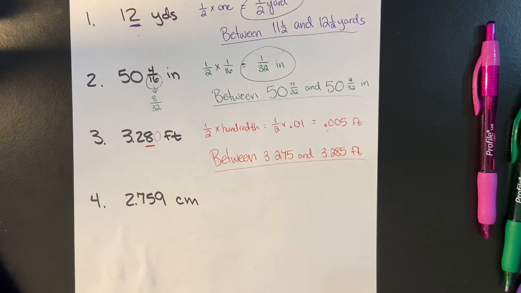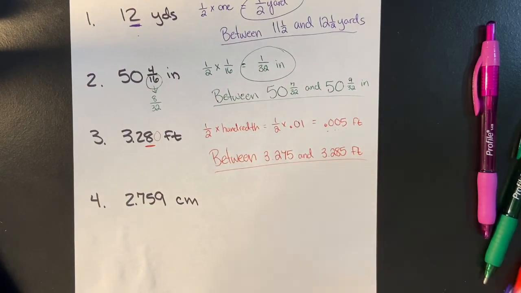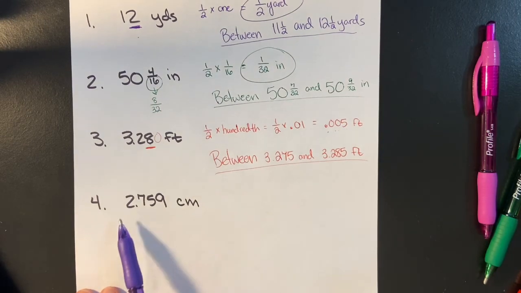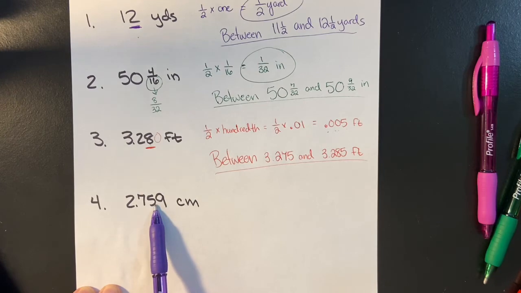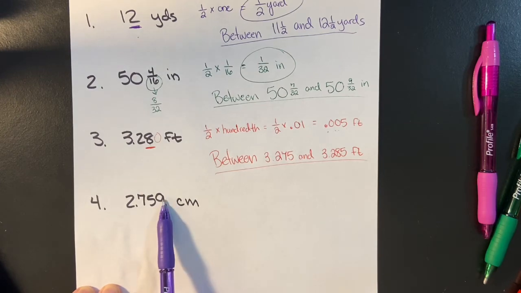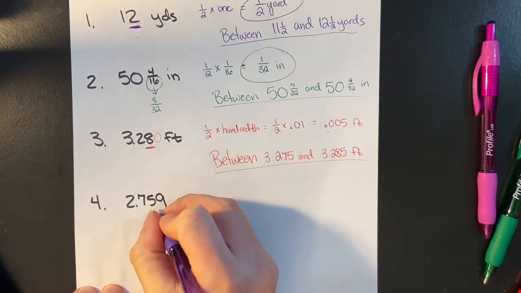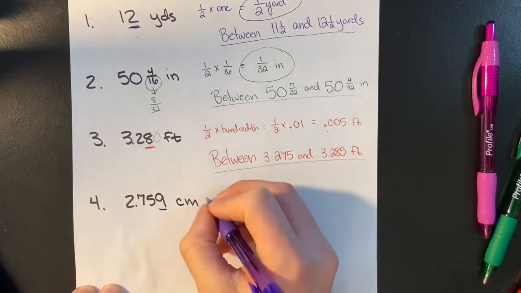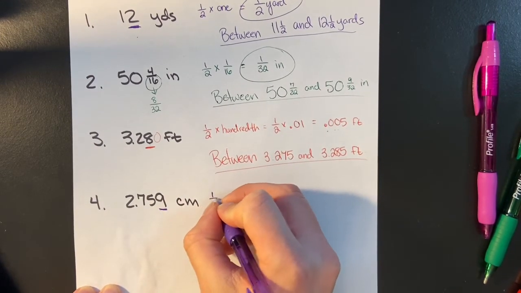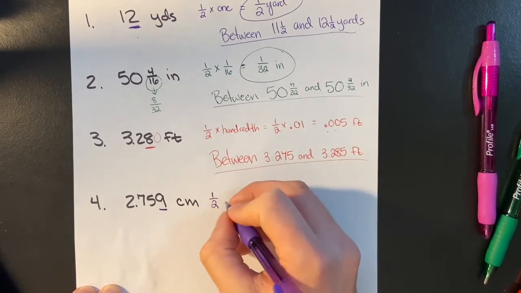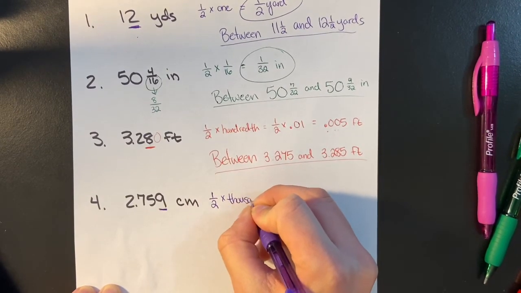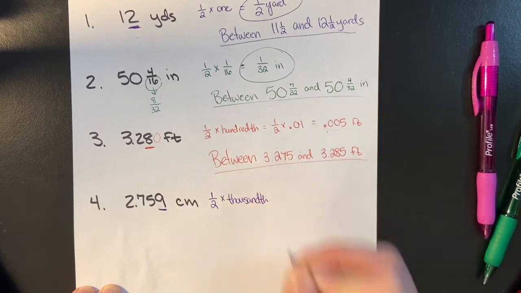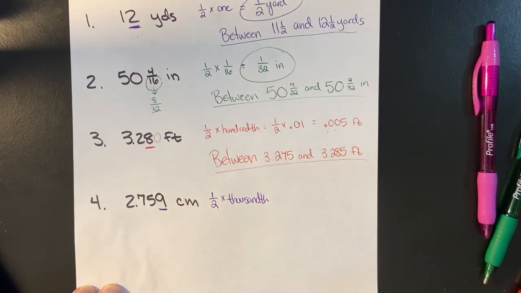One more. Very similar. I have a number in the ones, the tenths with the TH, the hundredths with the TH, and now the thousandths with the TH. So my smallest number is in the thousandths. So my absolute error is going to be half of a thousandth. Whether I spelled that right or not, I don't know.